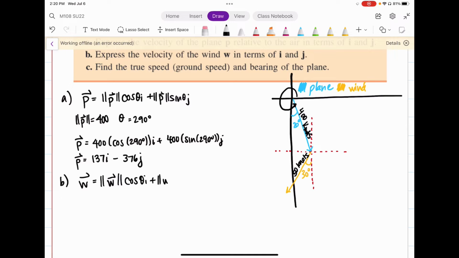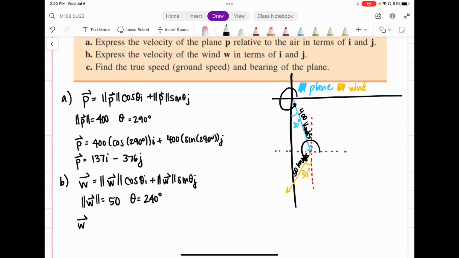The velocity of the wind is going to be the magnitude of the wind times the cosine of theta i plus the magnitude of the wind times the sine of theta j. The magnitude is given by 50 knots. And theta, again, it's not 30 degrees. Starting at the zero axis down, it's 270 minus 30, which is 240 degrees from 0 degrees.